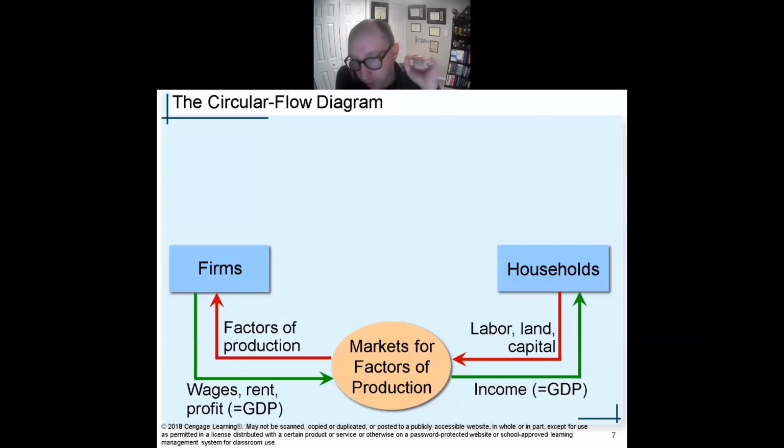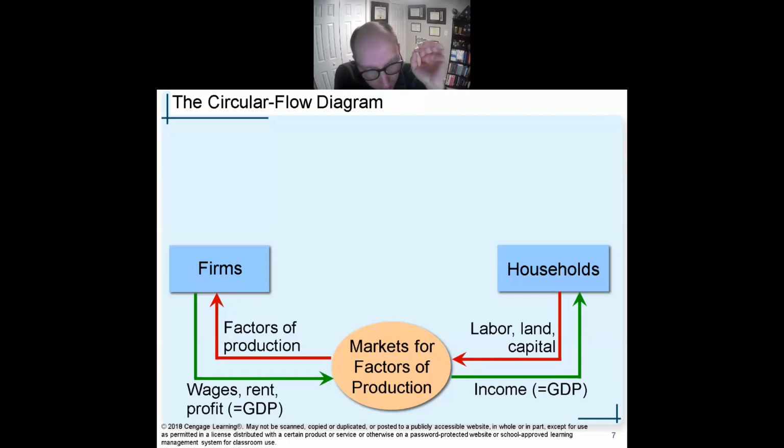But in exchange for the labor, land, and capital that goes into the companies from the households, the companies provide wages, income to the households. The companies also have to pay rent for the buildings that they're in and other expenses, etc., and what's left is the profit the companies make.